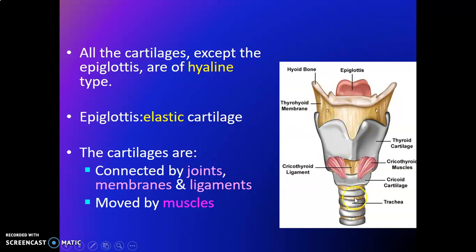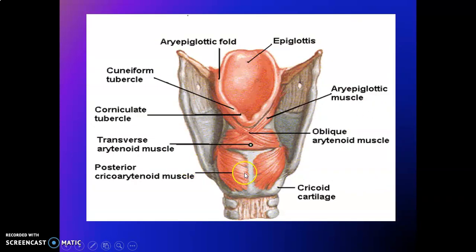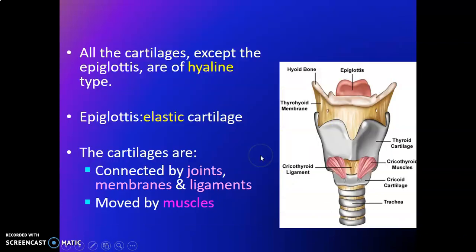Then we have ligaments such as the cricothyroid ligament between the cricoid and thyroid cartilages. And these cartilages of the larynx are moved by muscles. Like here we have your cricothyroid muscle anteriorly, and we've seen some muscles posteriorly, such as the posterior cricoarytenoid and the oblique arytenoid, and so on.